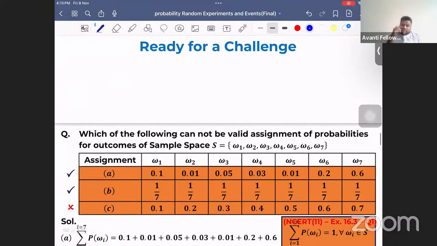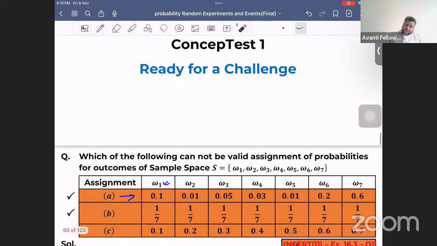Now, let's take a question. Which of the following cannot be a valid assignment of probabilities for outcomes of the sample space S having W1, W2, W3, W4, W5, W6, W7? The assignment in one case is: chances of occurrence of W1 is 0.1, W2 0.01, W3 0.05, W4 0.03, 0.01, 0.2, 0.6.